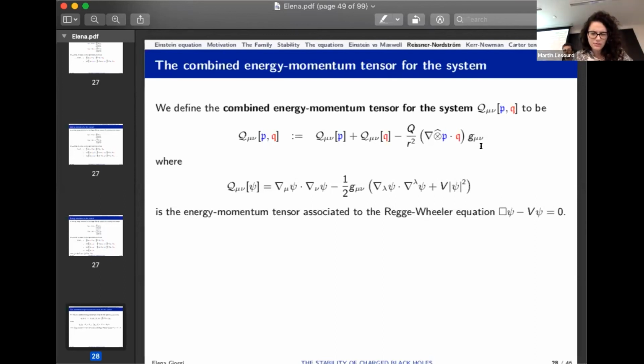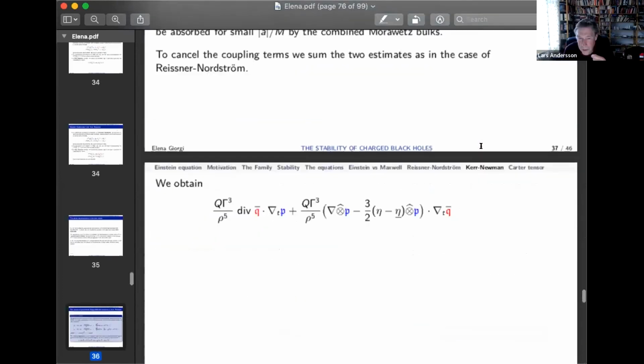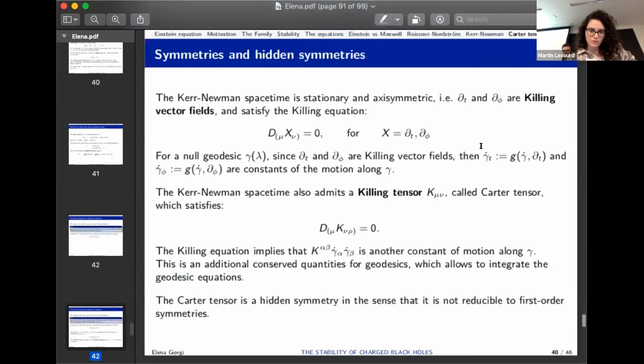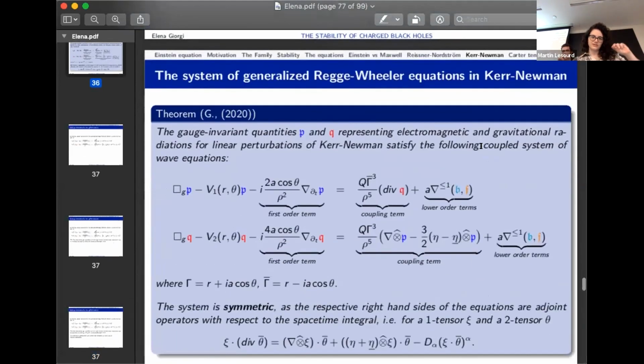So when you do this modification, what is it that you achieve? Is it that you have better commutator properties? What I achieve is I take my system, what I call this system of generalized algebraic equations. I apply this modified operator, this O hat, and now O hat of P and O hat of Q, these two new quantities, also satisfy a system of generalized algebraic equations.